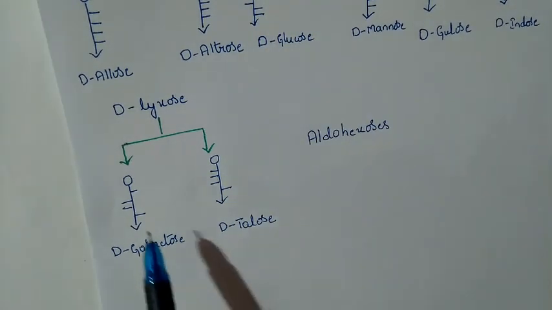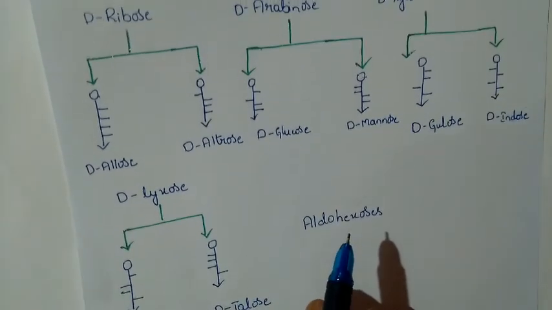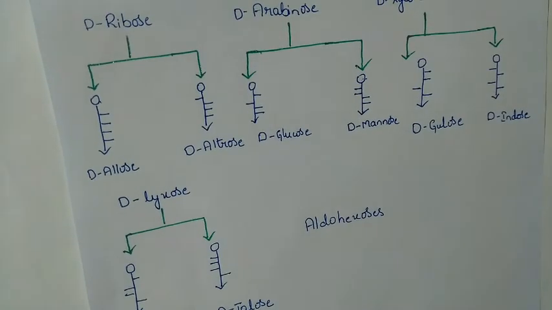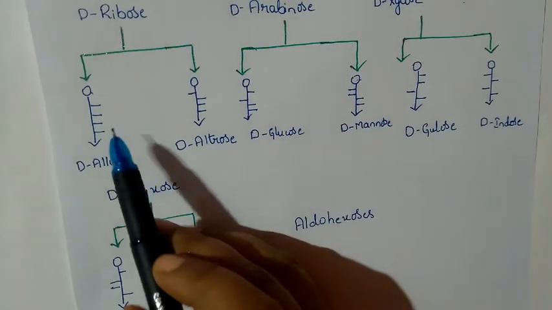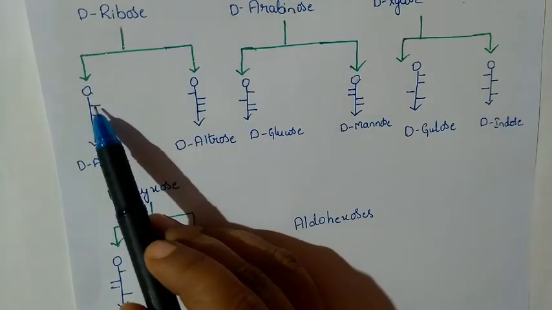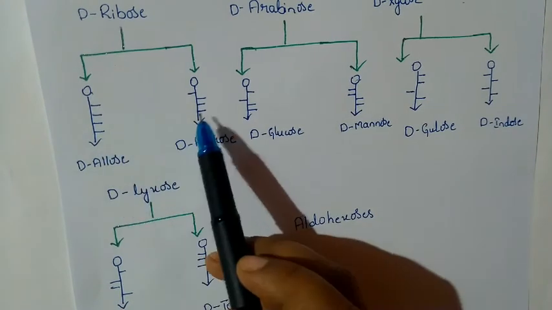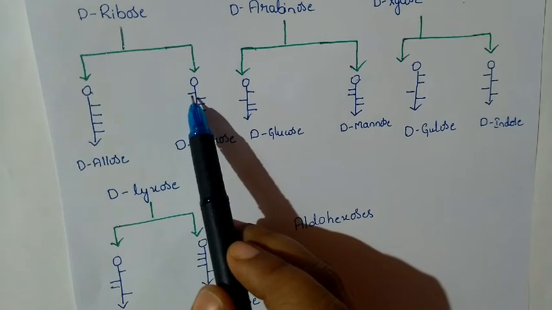When you compare each of the pairs here, you can observe that in each one the second carbon is different, and the remaining all are the same. Here the second carbon is towards the right side, here it is left side.